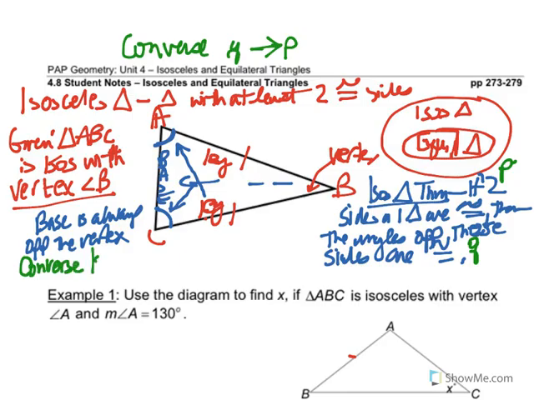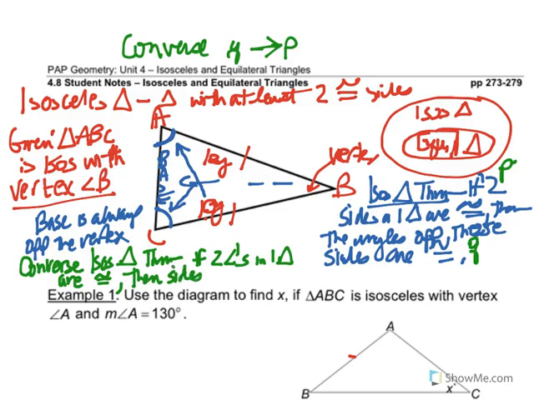Converse of isosceles triangle theorem: if two angles in one triangle are congruent, then the sides opposite those angles are also congruent.